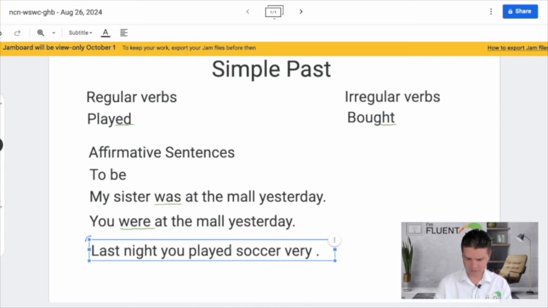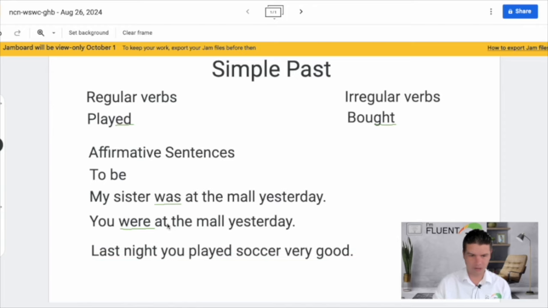Very good. There we have it. Last night you played soccer. And we have the ed, as it is a regular verb: we added the ed to the simple present form, which would be play.